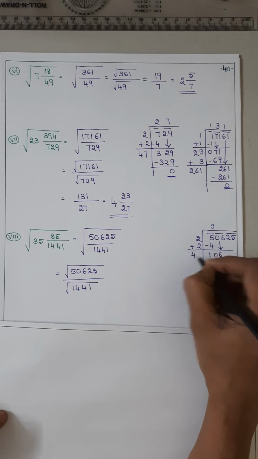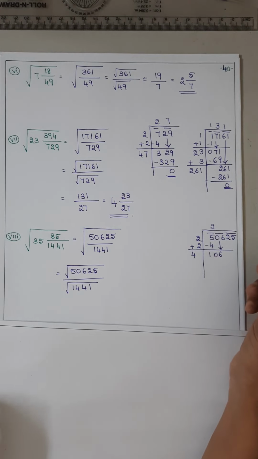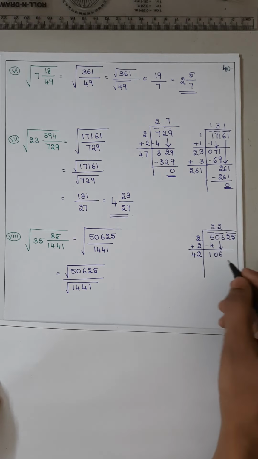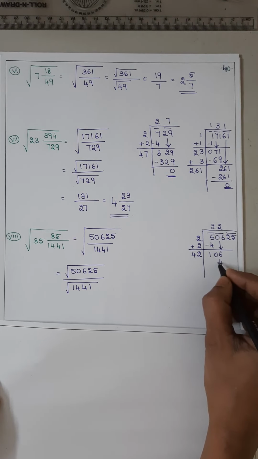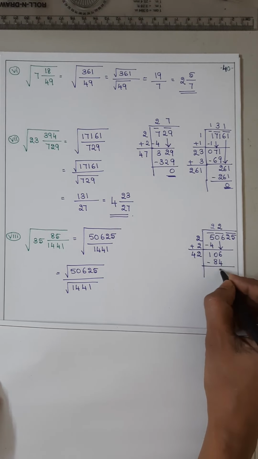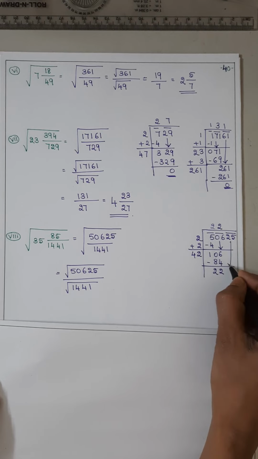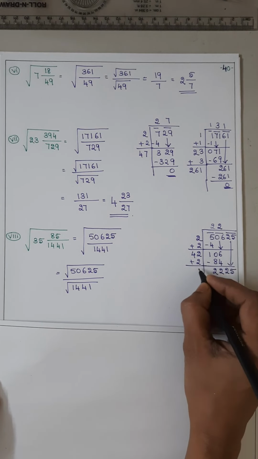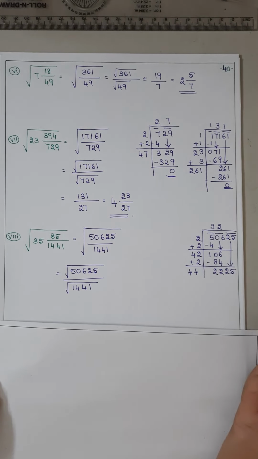It will be 4. Now 4 twos are 8. So put 2. 2 twos are 4. 2 fours are 8. 6 minus 4, 2. 10 minus 8, 2. Bring 25 down. Add 2. It became 44.